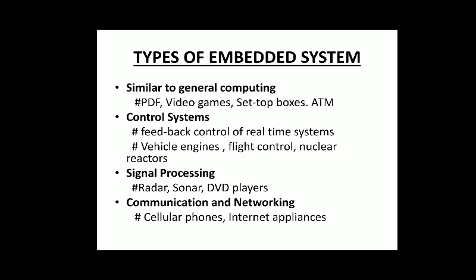Another type of embedded system is the control system, systems that control some work via feedback in real-time operation, like flight control. Suppose you want to go 1 meter higher in an aeroplane, so you set the flight control system so that it goes 1 meter higher.